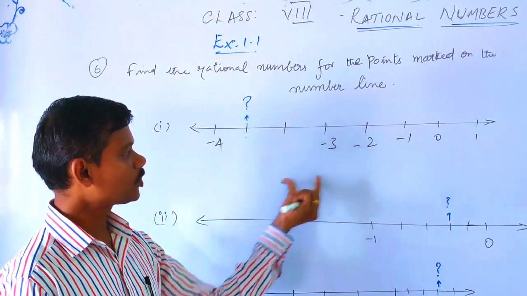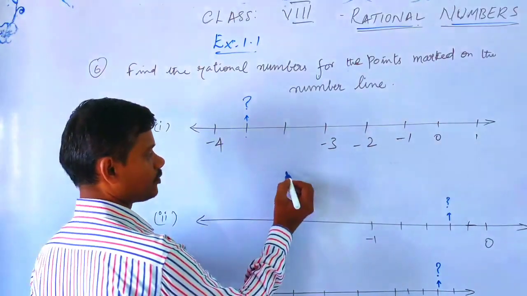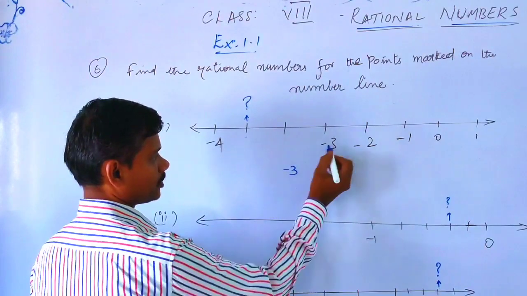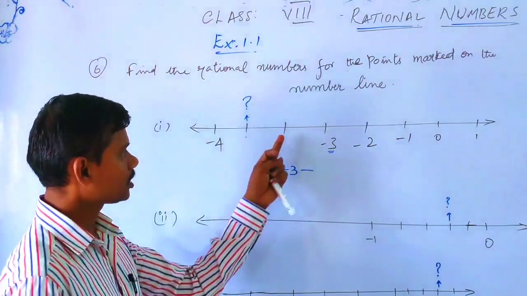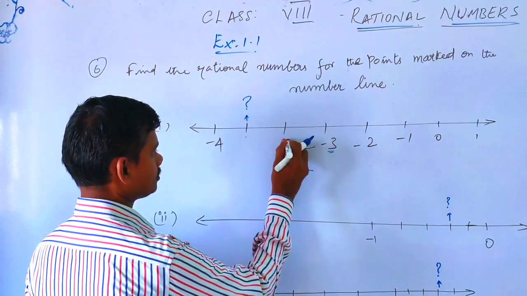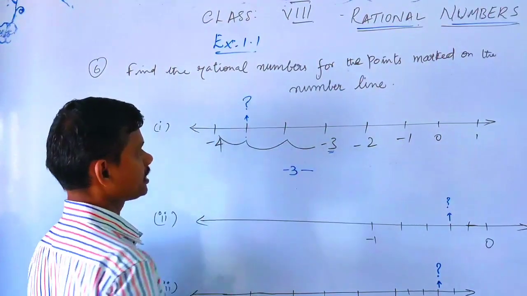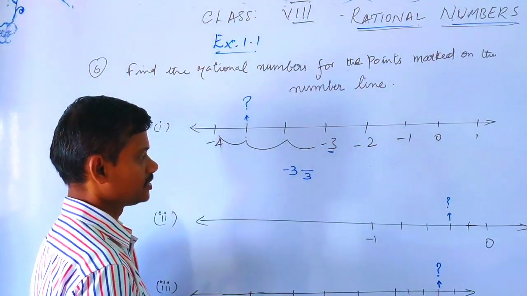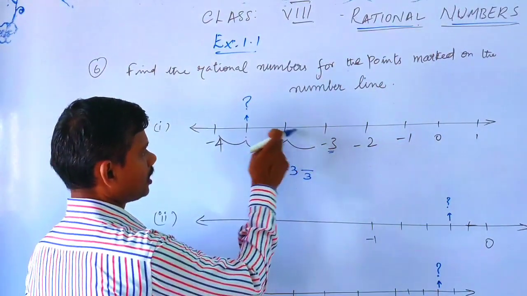So now I am going to write this in mixed form. First I am going to write the minus 3, and then count how many parts there are. Here the first part, 1, 2, 3. Here we have 3 parts. So write the denominator as 3. Here 1 and 2.